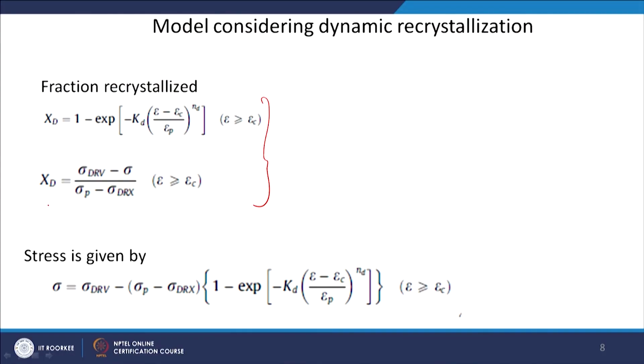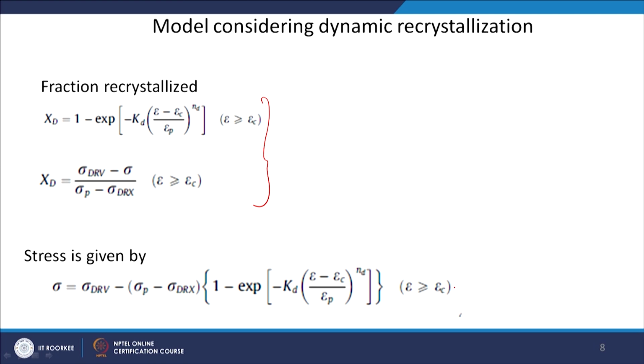So, now you have the fraction recrystallized from two different ideas, one from the stress strain curve, one from the Avrami type of kinetics, and if you combine these together, you will get an equation like this: sigma equal to sigma DRV minus the difference of sigma p minus sigma DRX, multiplied by 1 minus exponential minus k d, the remaining term, and so on.